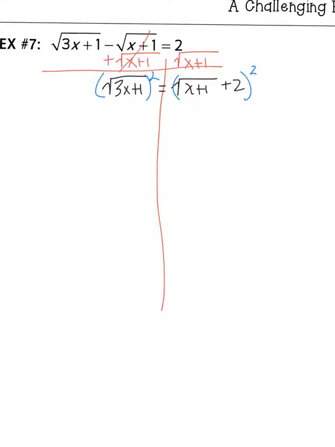So I get 3x plus 1 equals, less in your head, more on paper, kill a tree. So we are going to write this out. Square root of x plus 1 plus 2, square root of x plus 1 plus 2, and then we're going to FOIL.